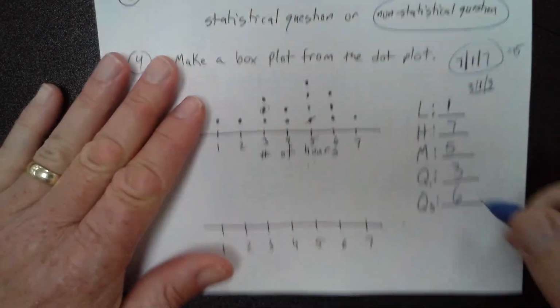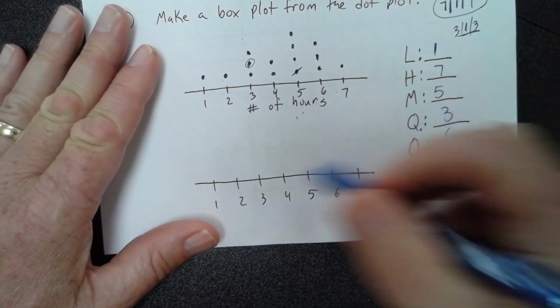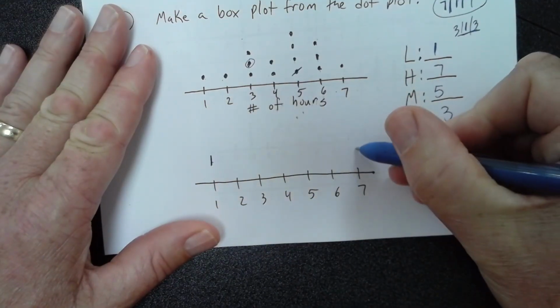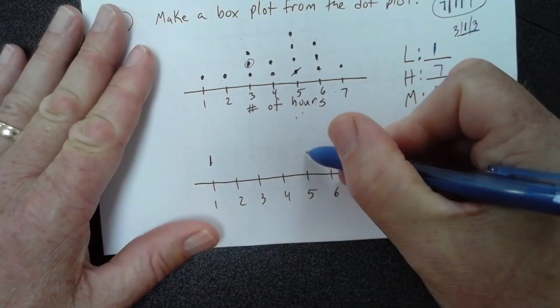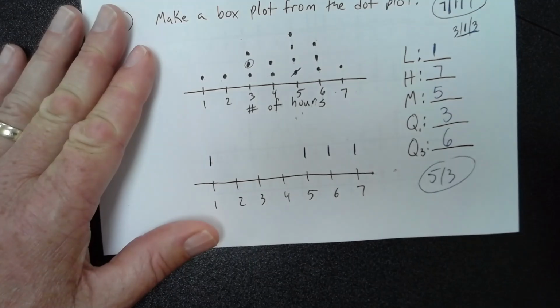So now we remember Fifth Third Bank, right? 5, 3. So I go low is 1, high is 7, 5 is middle, 6, and 3.